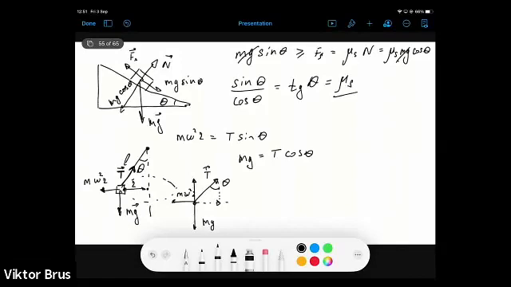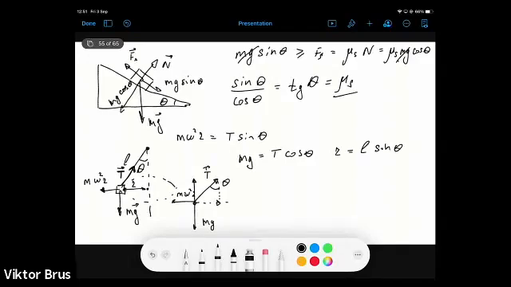So we can express r, the radius of this circular motion trajectory. It will be L, the length of the rope, times sinus theta.